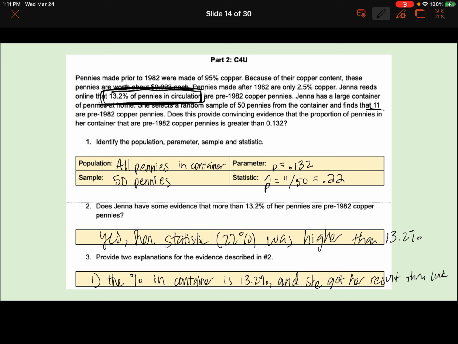The other possibility would be that the percent in the container is really greater than 13.2. So it's like either it just happened through chance that her sample just happened to be bigger, or maybe the percent in her container of older pennies is actually larger than 13.2%.